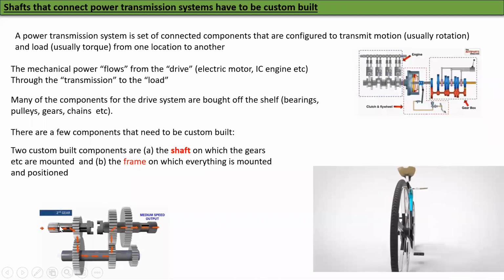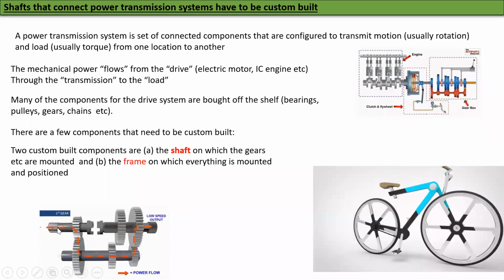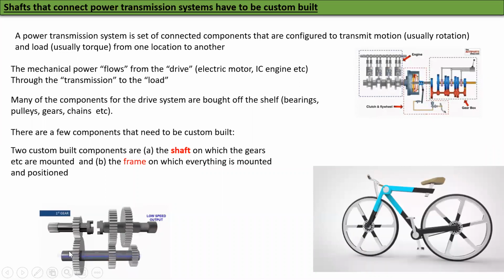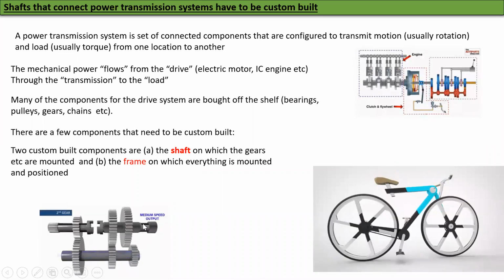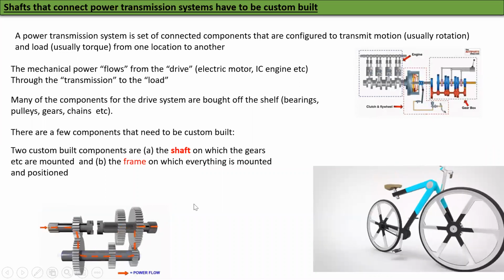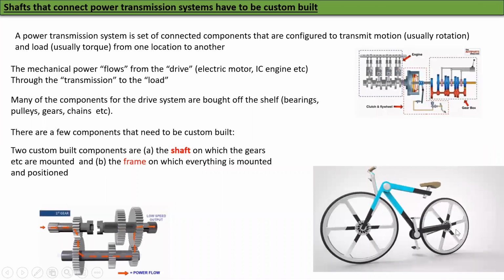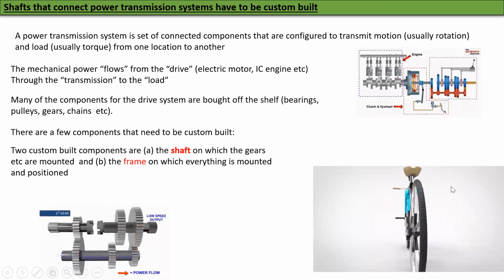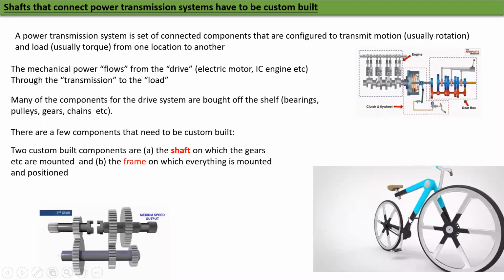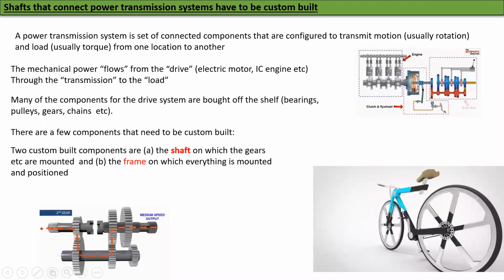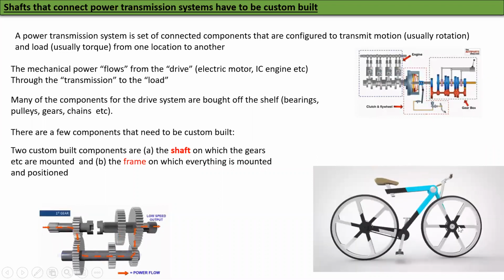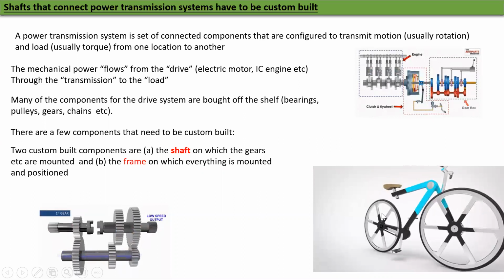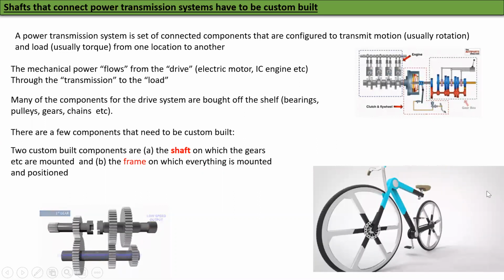You can see that depending upon which gears are locked, the torque flows from the input through this shaft to the output. And then frames. So I'm showing you a bicycle frame here, and you can see how the frame connects up all the parts and keeps them mounted. Look at how simple this frame is, but that is the basic idea for a bicycle frame.